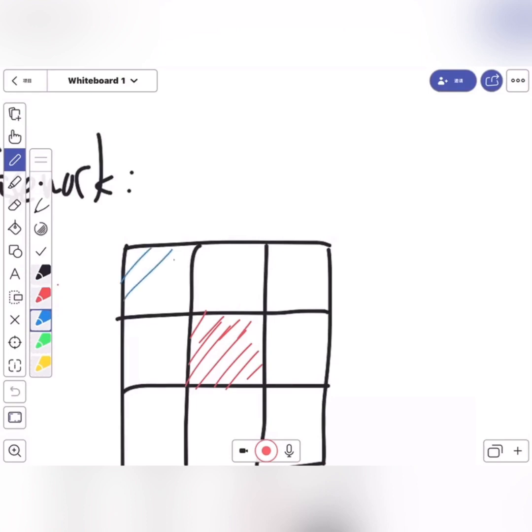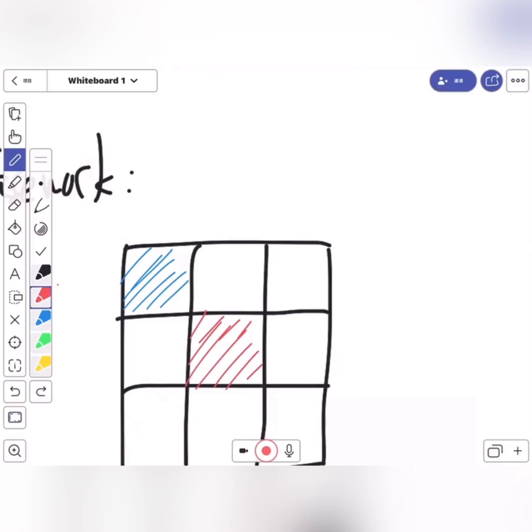If we have, let's say, these two, then this one will also be shaded. And what if we have these two? Basically, if we have any that are adjacent, or something like this, then some other square would be shaded.